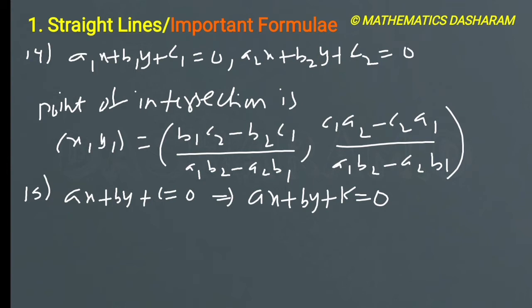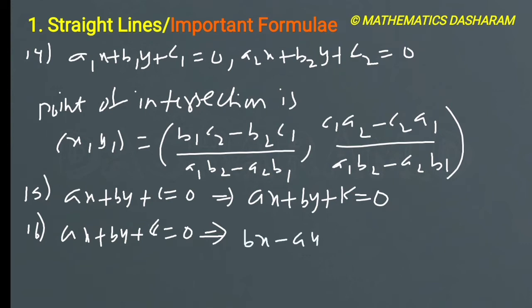And for the same equation ax plus by plus c equals 0, one line is given. The equation of a line which is perpendicular to this line, the formula is bx minus ay plus k equals 0.